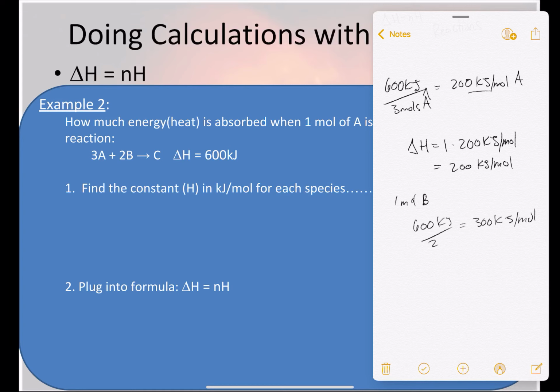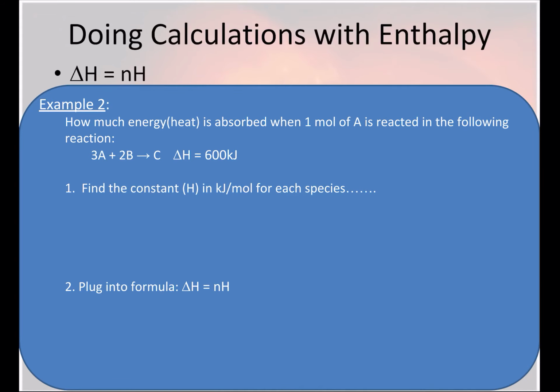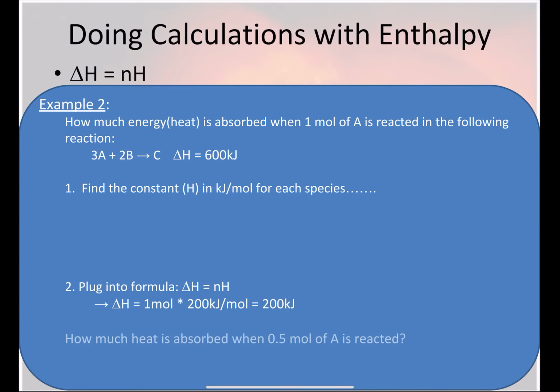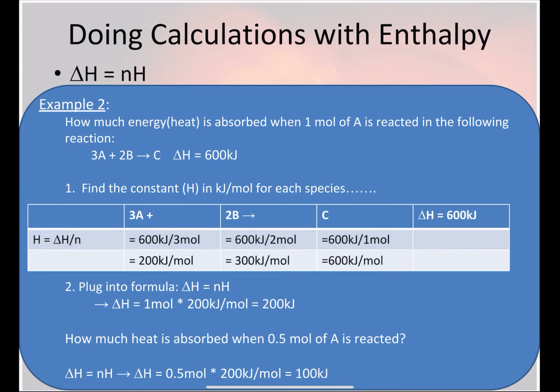And so we will get a different answer. So you need to make sure that when you see enthalpy for the whole reaction, you break it down for each individual species. You can see here we have another example where half a mole of A is reacted, where you use the same formula.